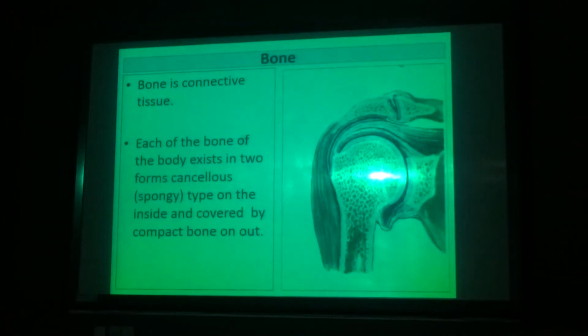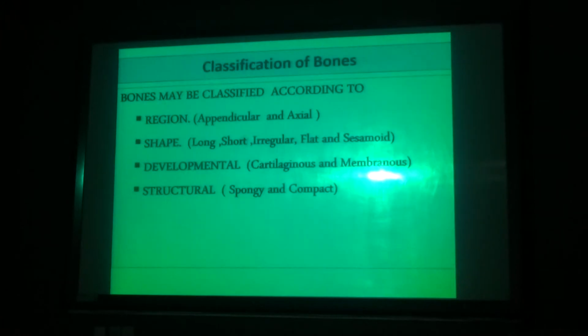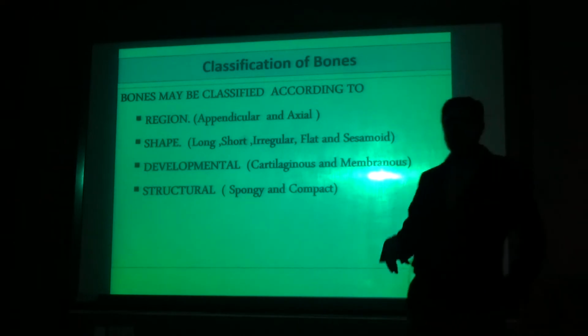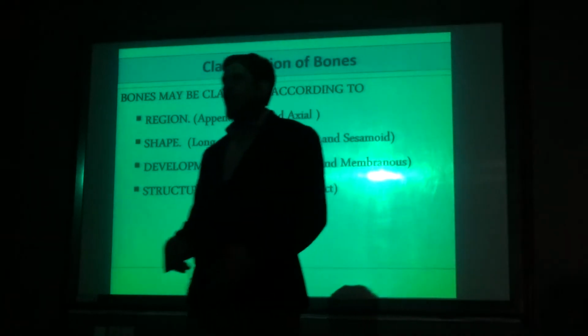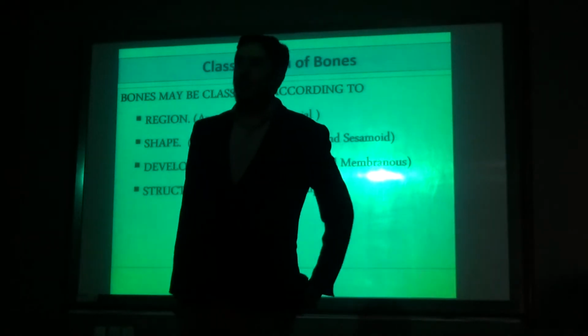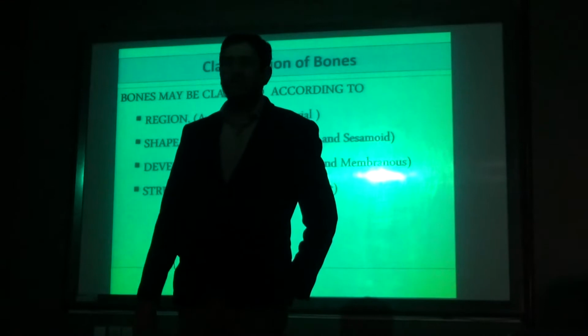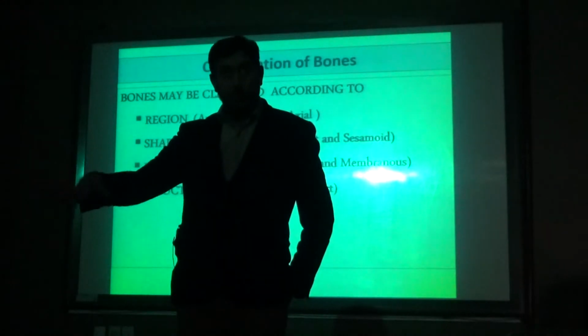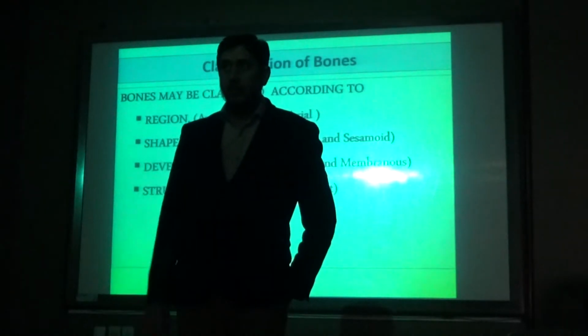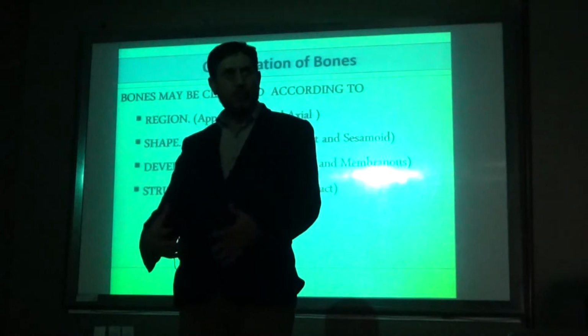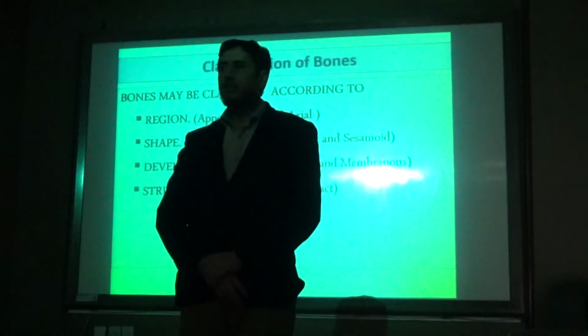And now come to the second point. I want to discuss some classification of bones, not in detail, it's only a review because we have done it in the first year. For example, all of you are here, and only the boys. How can you group them? You want to classify on which feature?